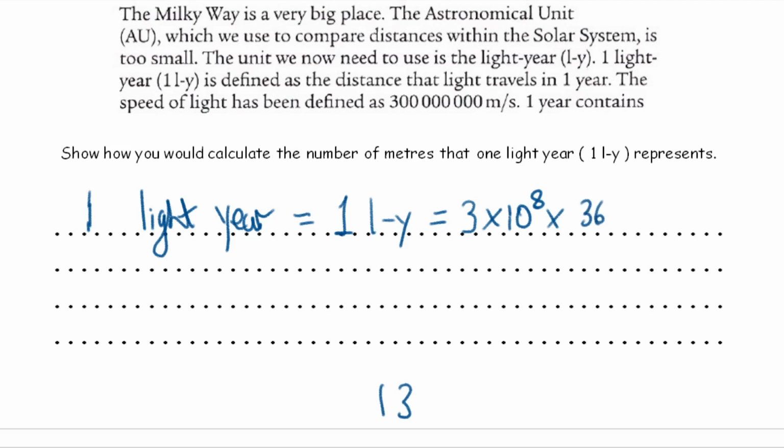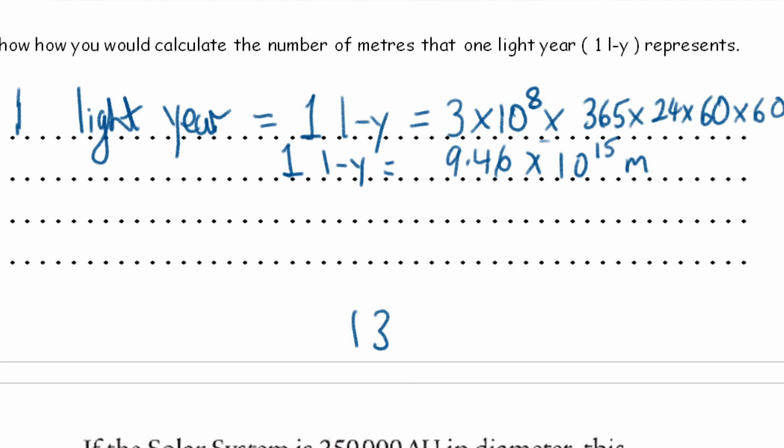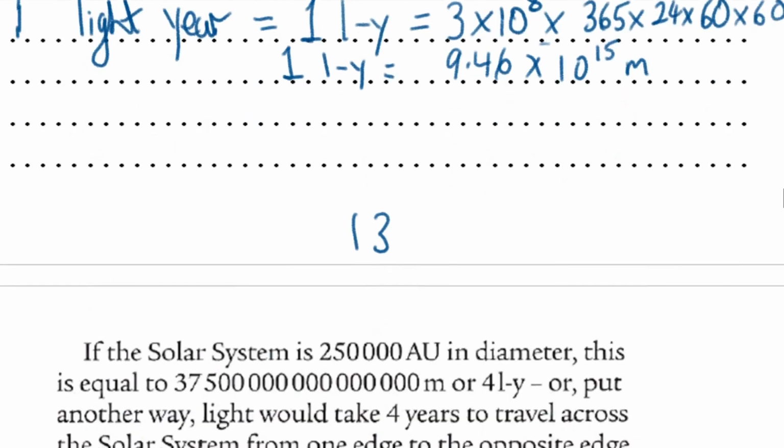The way you work out the number of seconds in a year: 365 days, 24 hours, each hour has 60 minutes and each minute has 60 seconds. Multiply all those together using a calculator, of course. The answer is 9.46 times 10 to the 15 meters.